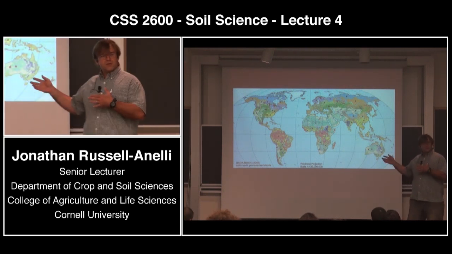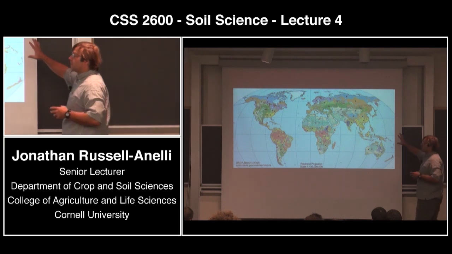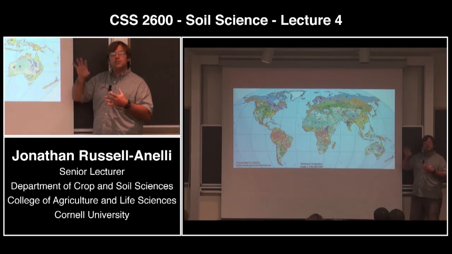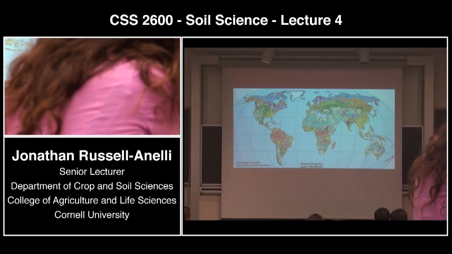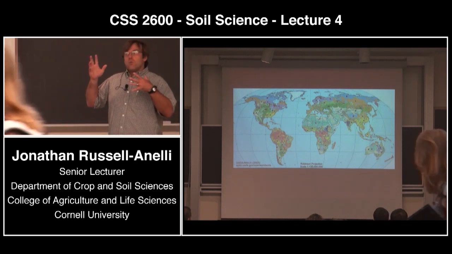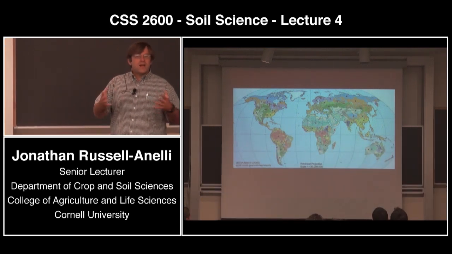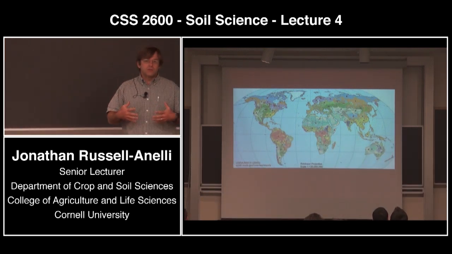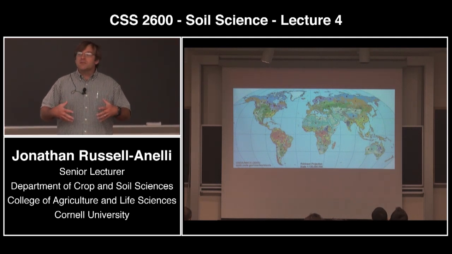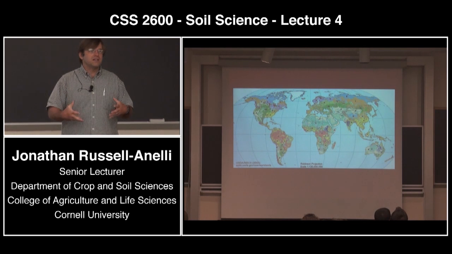Now I put this map up here, even though we haven't talked about soil orders, because I want you to see it because it illustrates the distribution of different types of soils across the landscape, in this case, the entire planet. Now, even without coming into this class, you would have an idea that soils are going to be different as they move across the landscape. Today, we're going to be talking about some of the factors that are controlling that distribution.